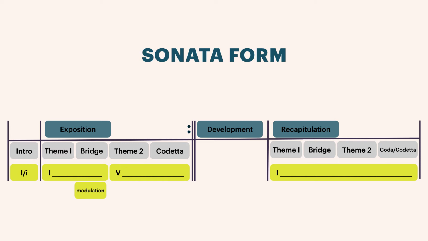And then we have this next layer of gray boxes, which are these smaller segments within the larger categories of exposition, development, and recapitulation. Then under that, we have the harmonies that we're primarily working with.